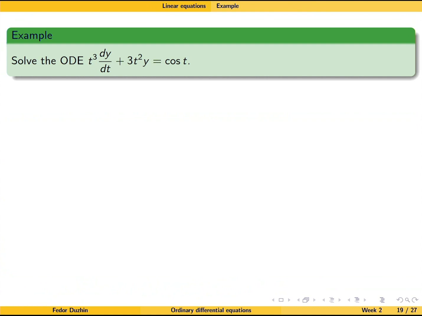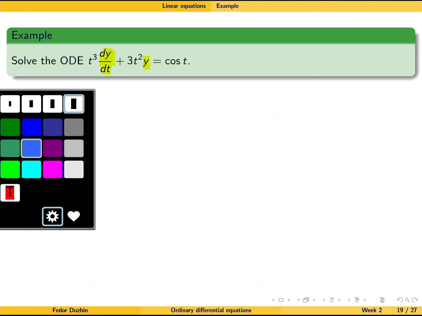Okay. Well, what is special about this? So notice that in the left-hand side we have y, and we have dy/dt.